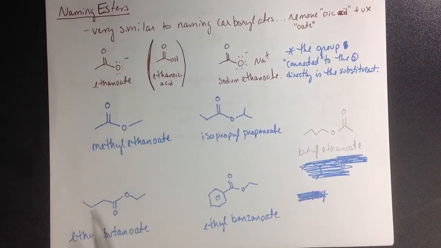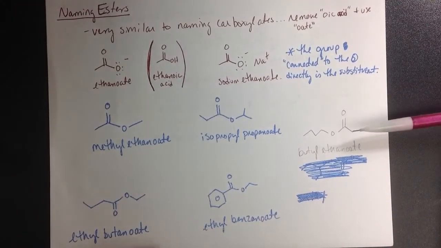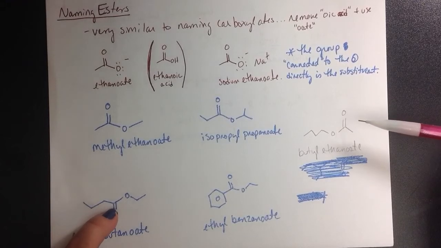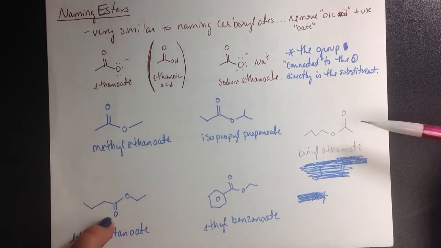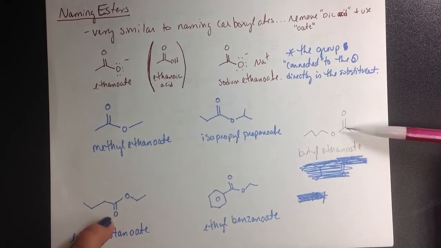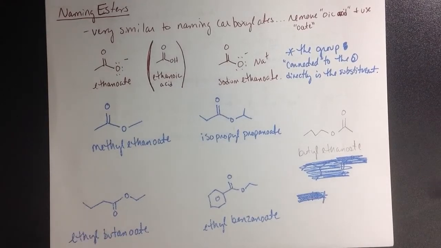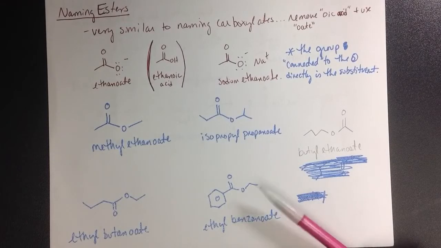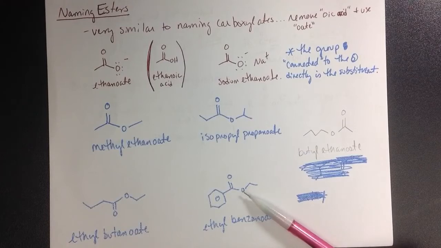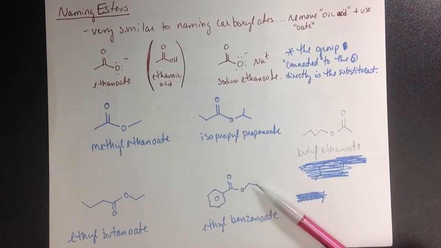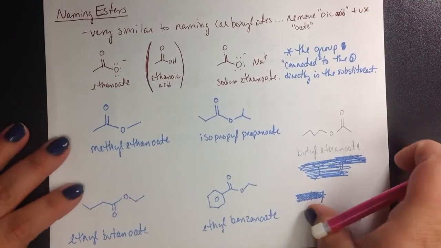This would be ethyl butanoate, so this is just the opposite. See how in this case the carbon chain is 1, 2, 3, 4, and that's what's connected to the C=O bond. And in this case it's only 2, and that's what's connected to the C=O bond. You can also do this with the benzoic acids that would turn to benzoate, and then this becomes an ethyl group, so it's ethyl benzoate.